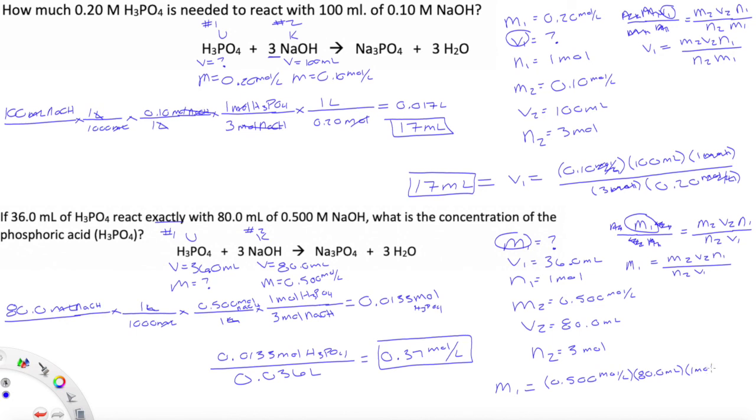And that's going to be divided by N2, which is 3 moles, and V1, which is 36.0 milliliters. All right, so if I plug all that in my calculator, I end up with 0.37 moles per liter, which matches what we got when we did stoichiometry.